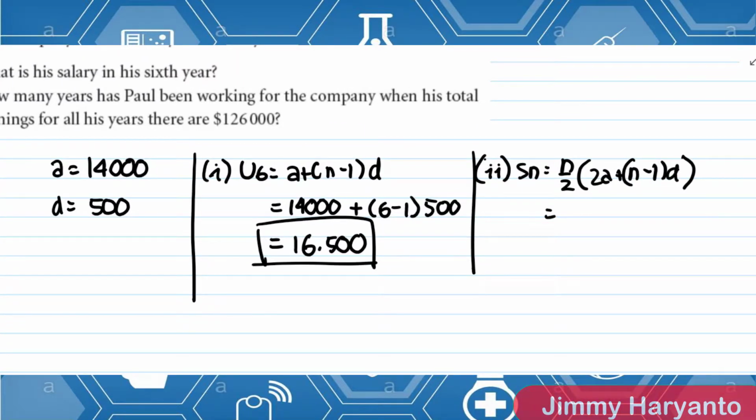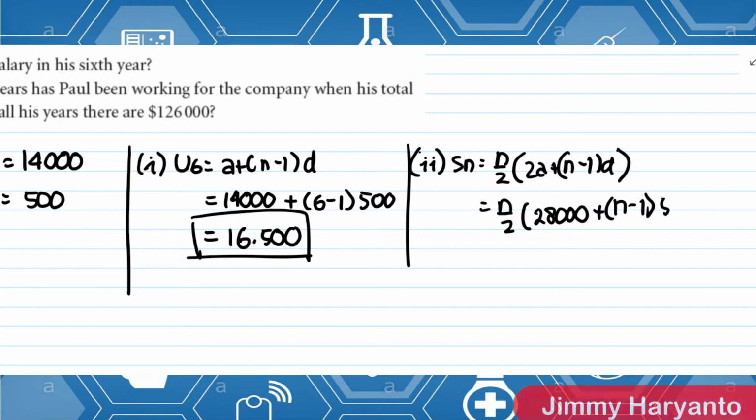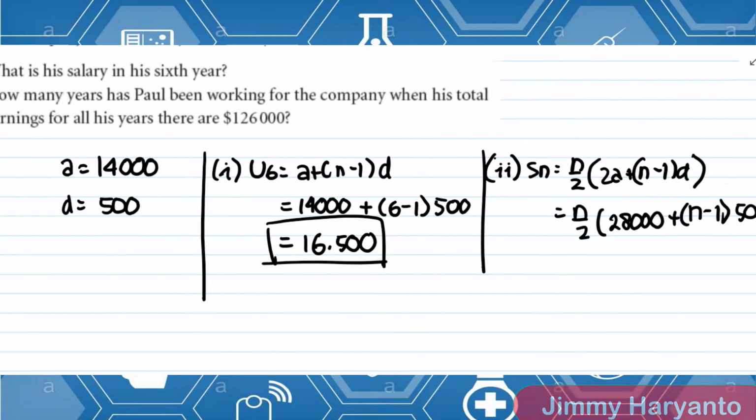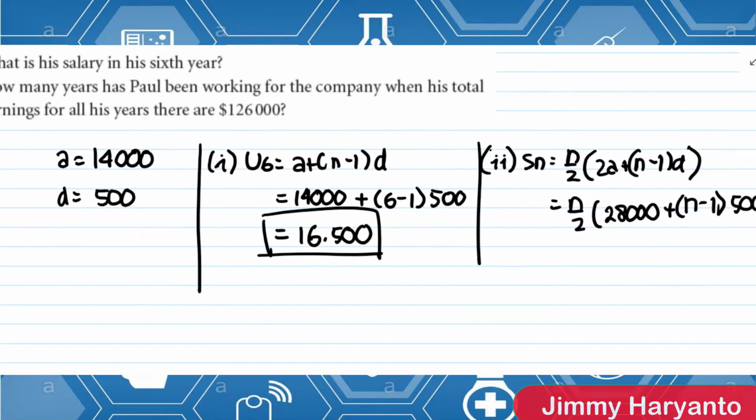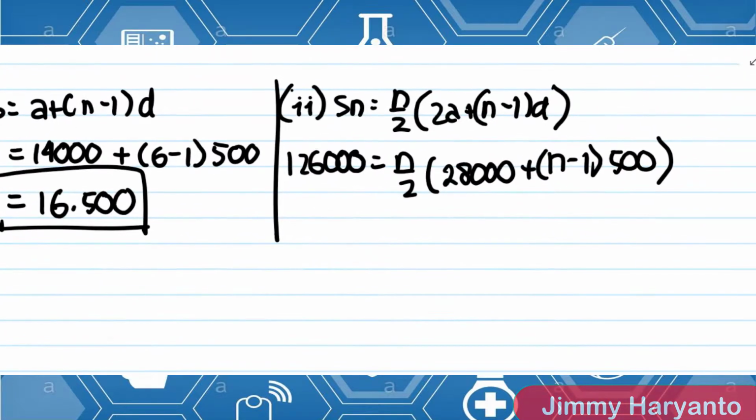So it will be n over 2 times 2a. The a is 14,000, so it will be 28,000, plus (n minus 1) times the difference. The difference is 500 and the money should be 126,000. Next we have to calculate this.